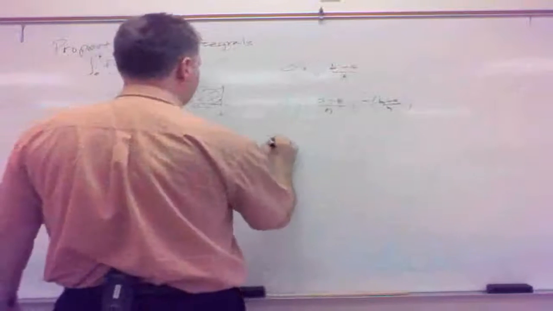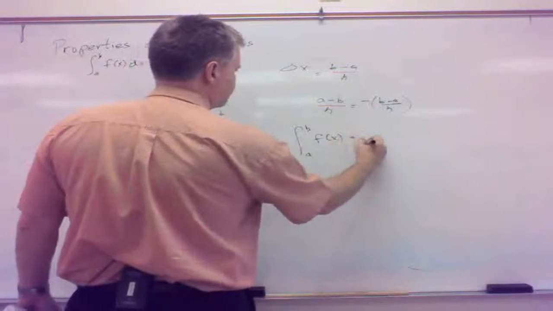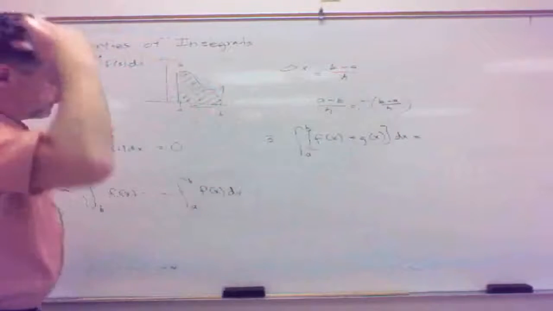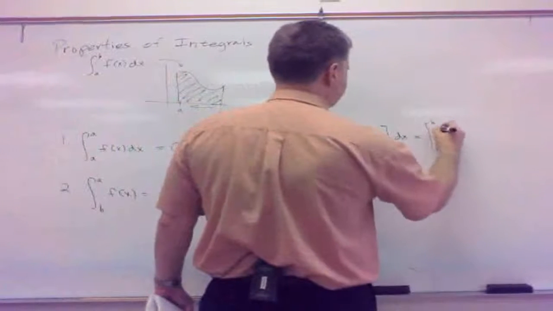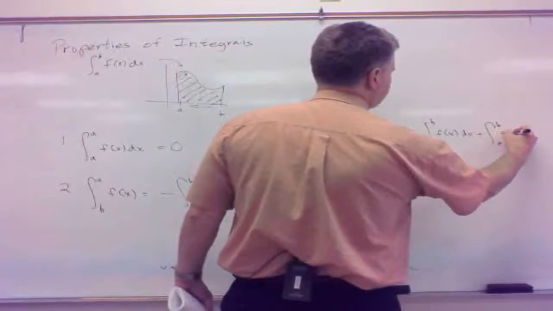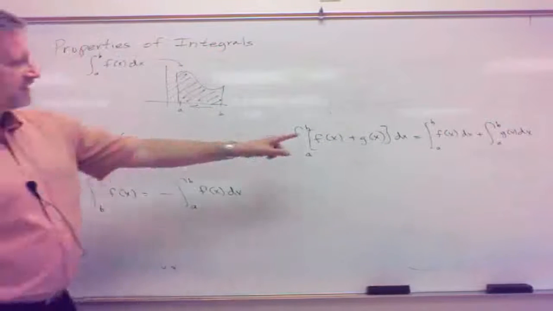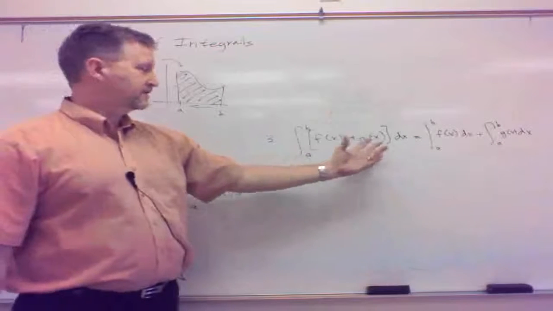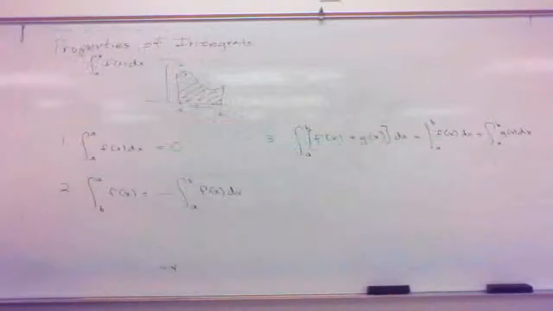Property 3 is a useful one. It says if you have two functions added, and adding and subtracting are pretty well synonymous, the good news is you just have to do those individually. If you're doing the integral of f of x plus g of x, two things like an x squared plus an x cubed, you just have to do the integral of f of x plus the integral of g of x if it's added.